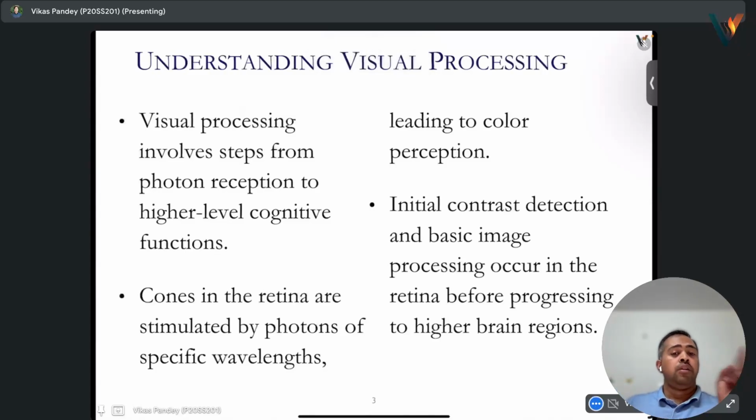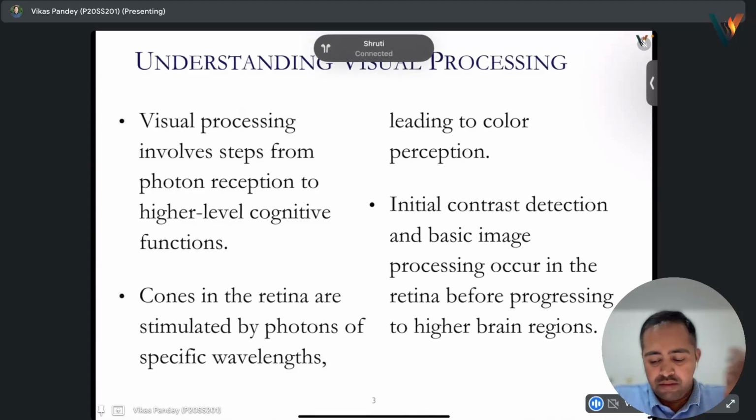We have already seen that there are two types of cells, cones and rods. Cones in the retina are stimulated by photons of some specific wavelength. That means for red, some specific set of cone cells will be activated. For blue light, some specific cone cells will be activated.